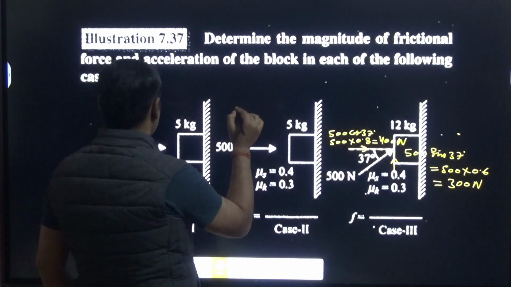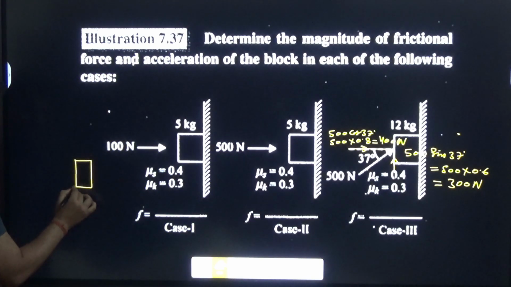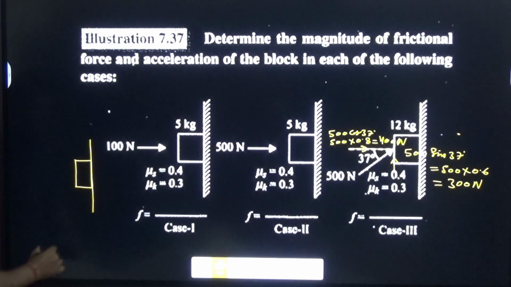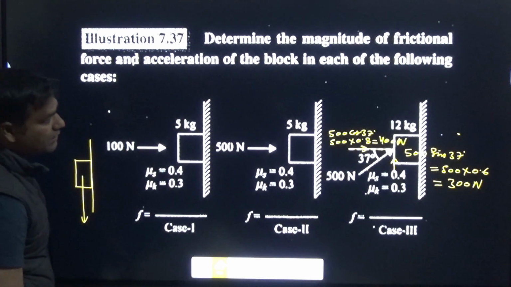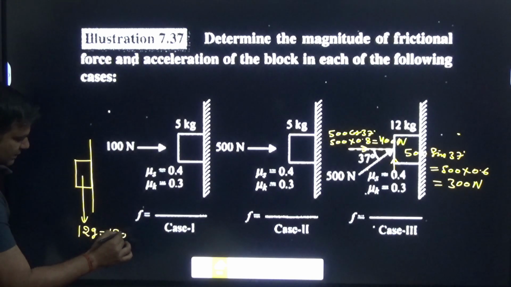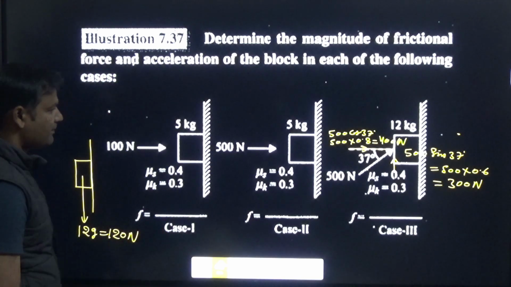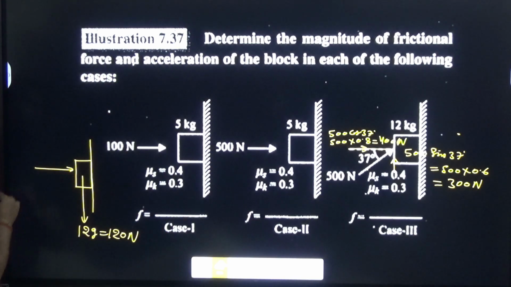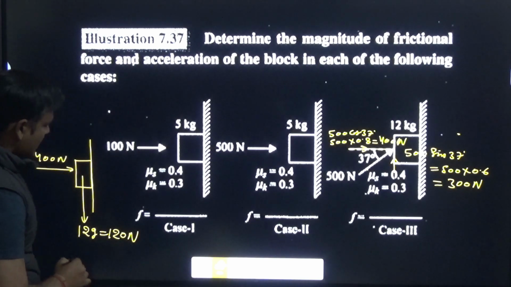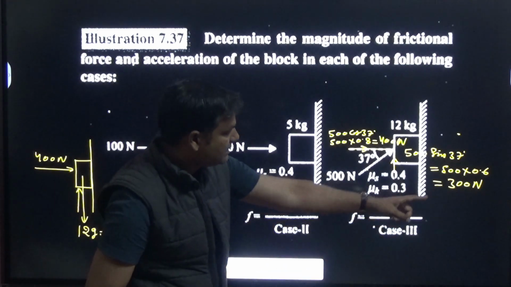It means if you make the free body diagram of that block, mg always works downward. That is 12 into g, or you can say 120 Newton, because we have taken g equal to 10 meter per second square. Here in this direction force is 400, and in the upward direction force is 300.